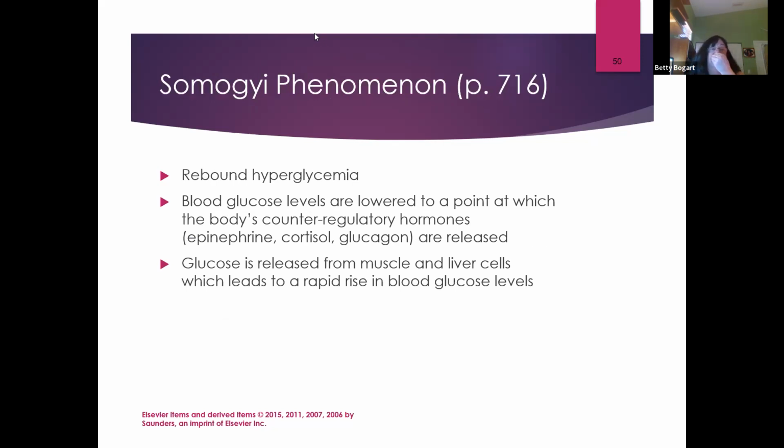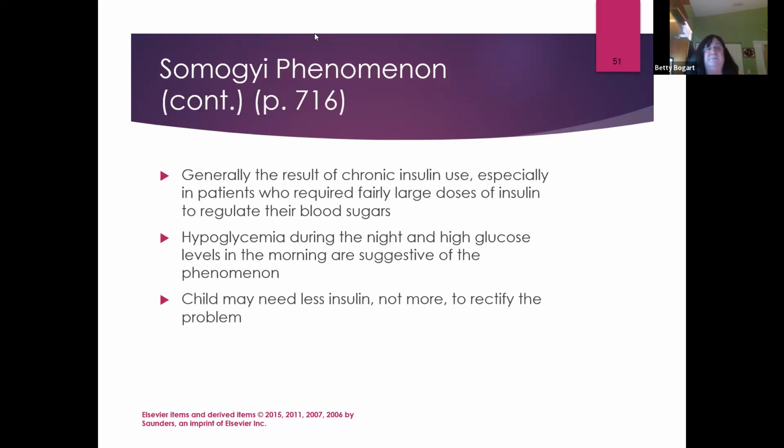Somogyi is something that happens when you have a low blood sugar, you give sugar, and all of a sudden your blood sugar goes really high. It's what is called the Somogyi phenomenon. It just causes a rapid rise in blood glucose. Usually it's that person who's been on insulin for a while.